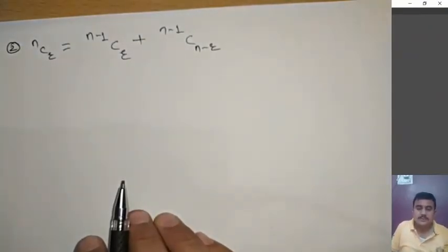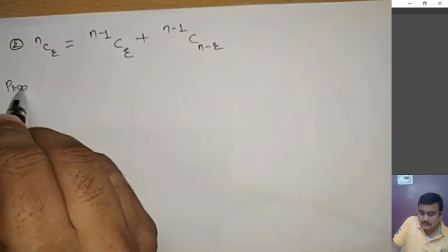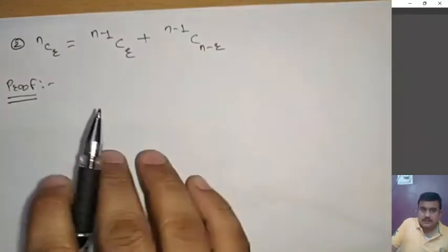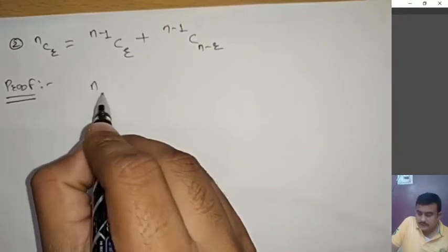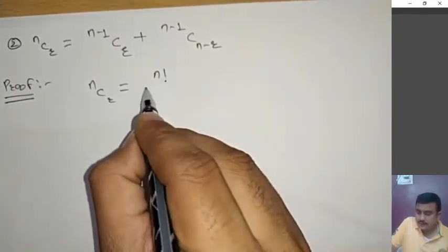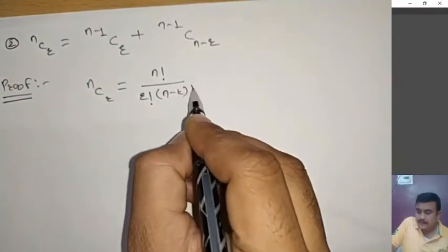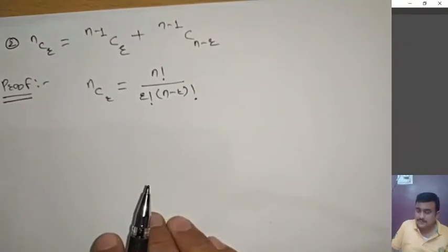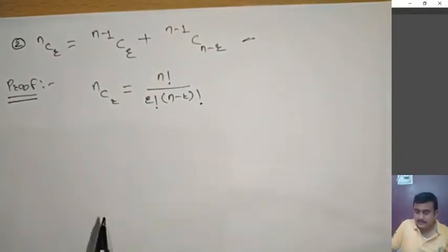Again, to prove this property, we will use the formula of combination. So, the combination formula is nCr equals n factorial divided by r factorial times (n minus r) factorial. Now, to prove this, we will make some adjustment.